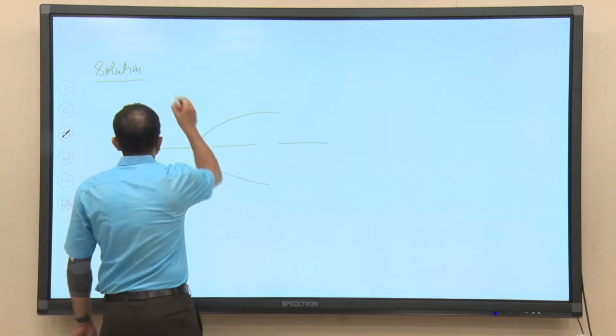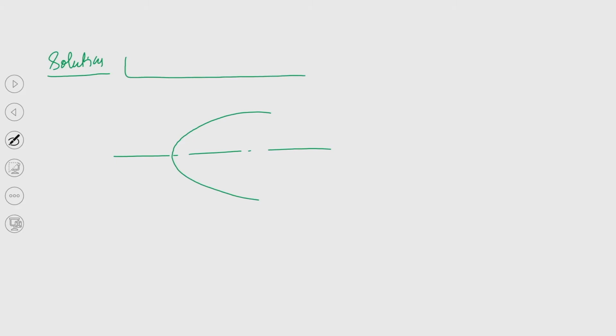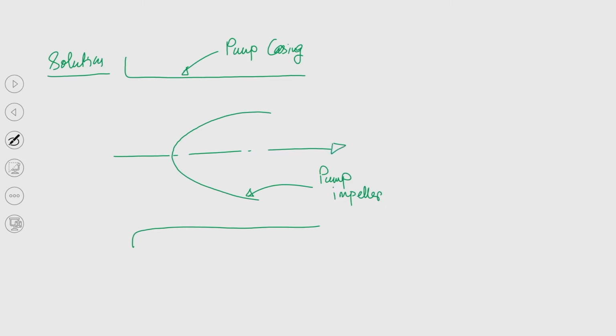That will help you to understand the concept that you have learned in a better way. So, this is the pump casing, and this is the pump impeller. This is the axis of the pump. Say this is Z, and this is the radial direction R.